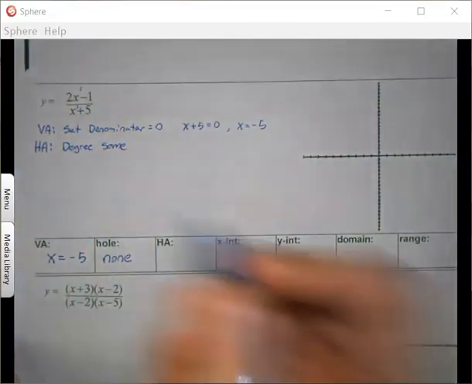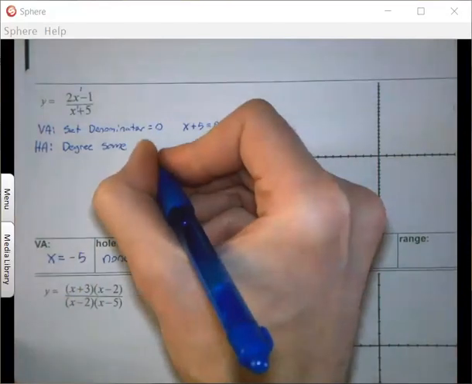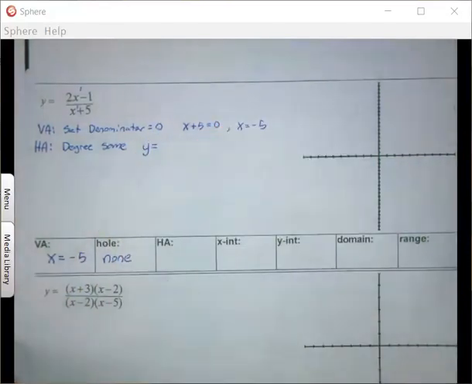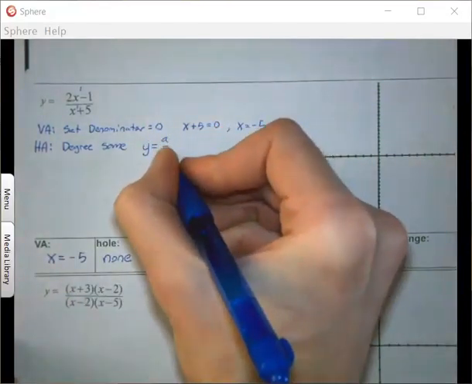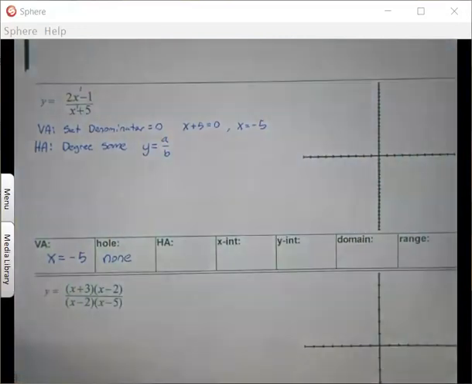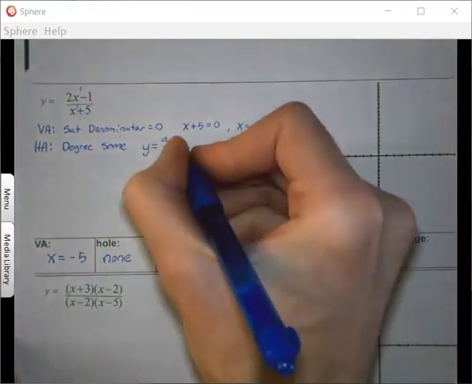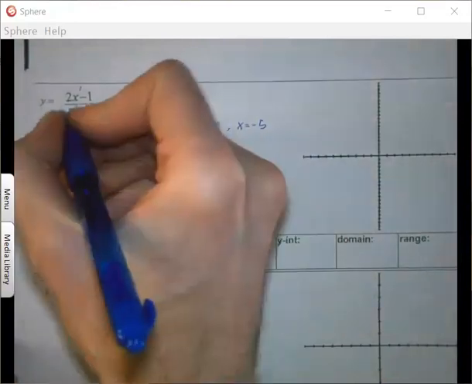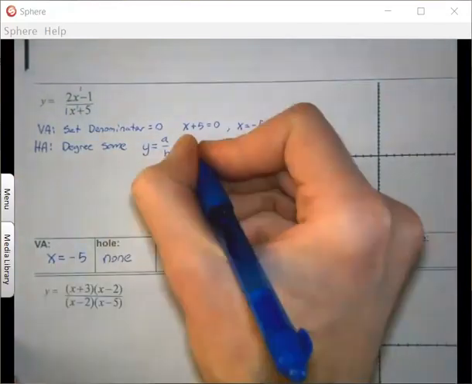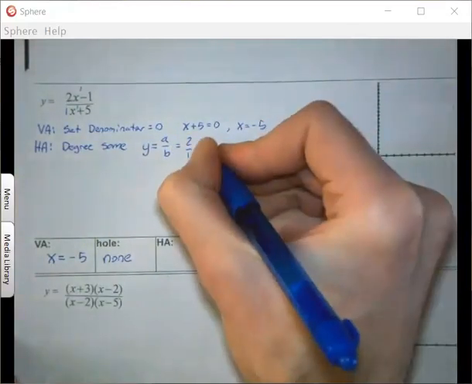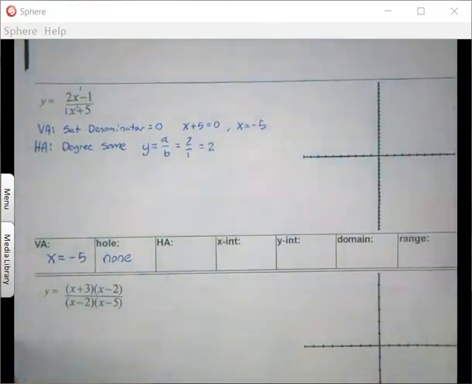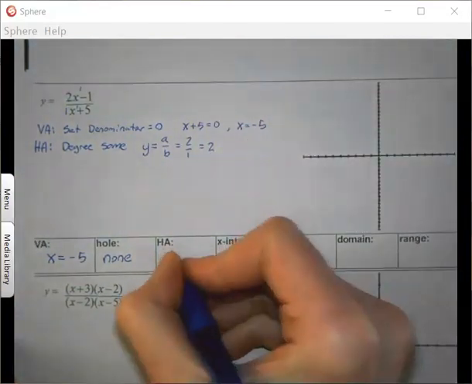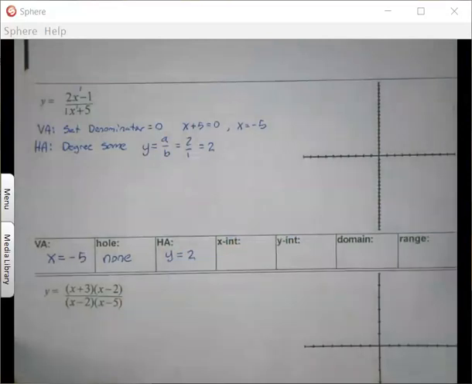When the degree is the same, our horizontal asymptote is at y equals a over b, our leading coefficients. So in this case, it's going to be 2 over 1 or 2. So horizontal asymptote is at y equals 2.